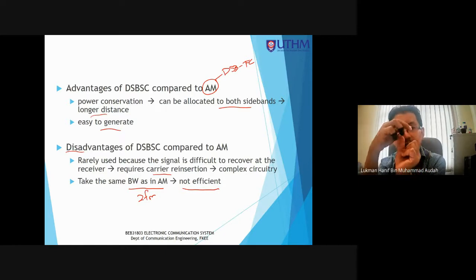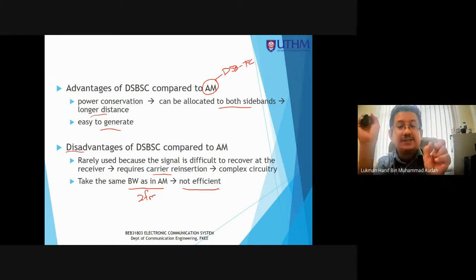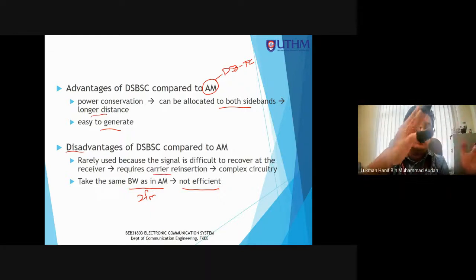Okay, dia kena agihkan bandwidth itu betul-betul untuk accommodate banyak user dalam satu kawasan. Okay, so again, bandwidth and power are among the main parameters that we should determine at the beginning of communication system design. Apabila kita nak design, itu antara dua perkara utama yang kita akan lihat.